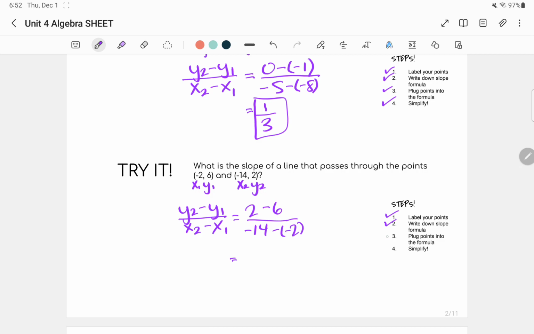Now I'm going to simplify. 2 minus 6 is -4, and -14 minus -2 is -14 plus 2, which is -12. And then again, here they keep repeating. It's okay. So -4 divided by -12 is 1/3. It's funny how we keep getting the same answers, but it's all right.